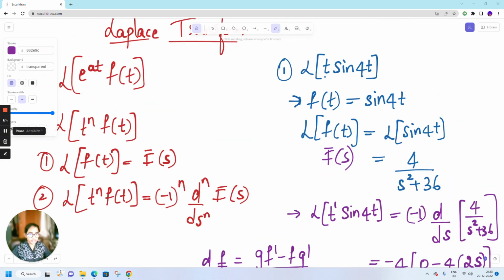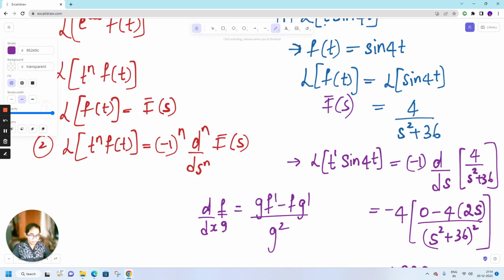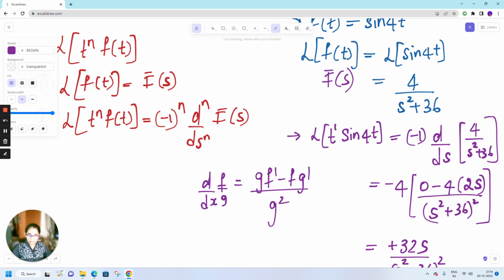So how did I solve this? I have the question t sine 4t, so f of t is sine 4t. Laplace of sine 4t is 4 divided by s square plus 36.